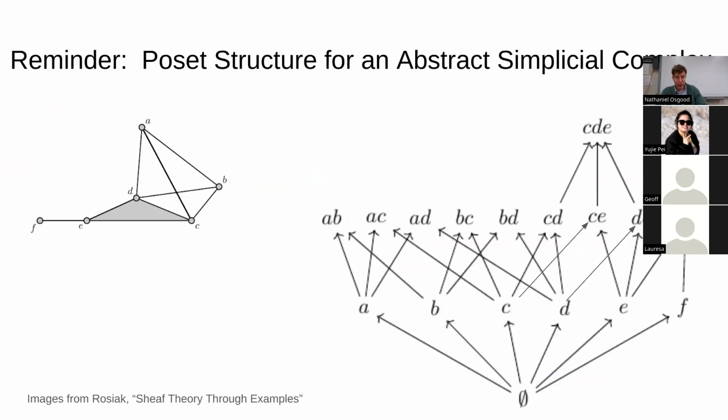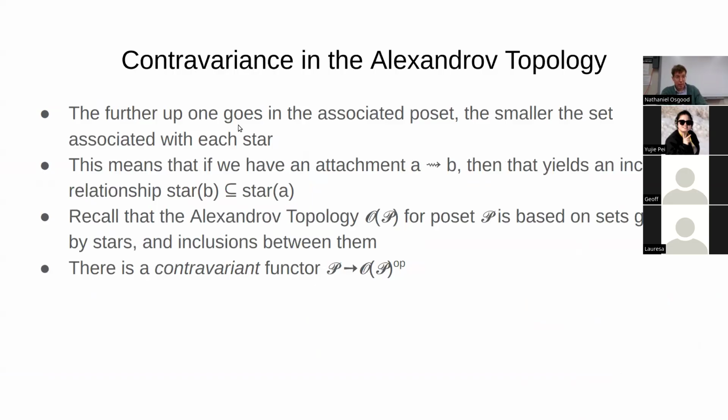One further thing that we had indicated, and I think this is rather late in last session, was that when we consider computing the Alexandrov topology for a poset, there's a contravariance involved.